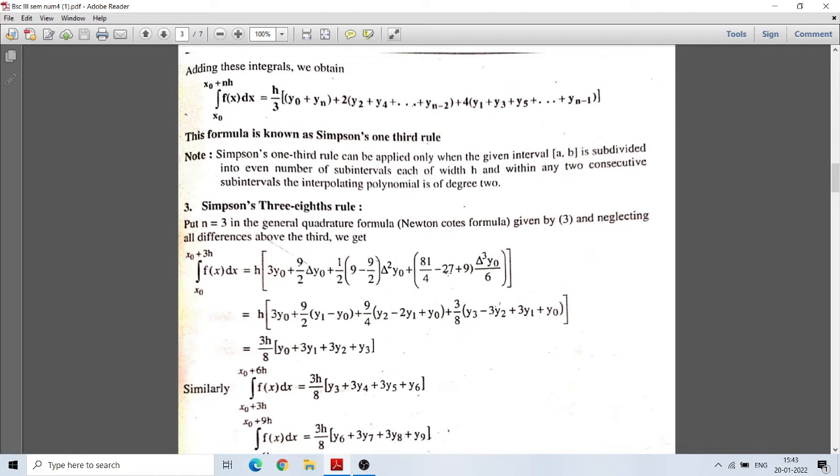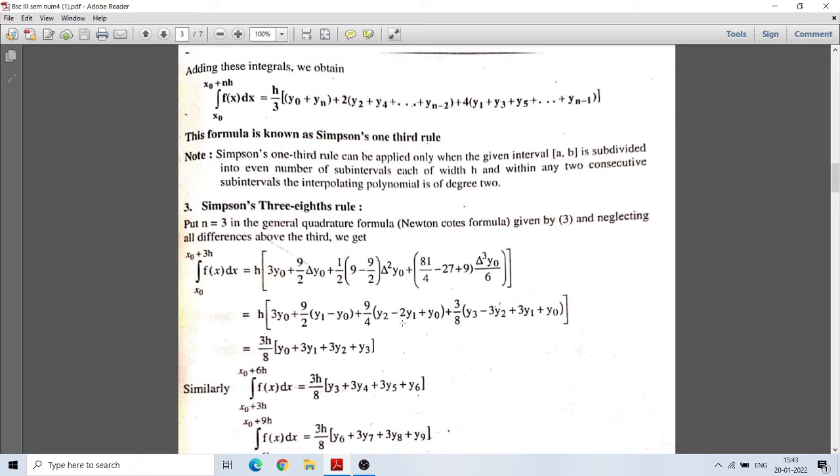Then again take the LCM. Here 6 is there, 4 is there. Then 6 fours are 24, and simplifying minus 27 plus 9 it is minus 18, so 81 by 4 minus 18 simplified, and multiplying with delta cube y0 you get the constant 3 by 8. Then delta cube y0 is written as delta of delta square y0.